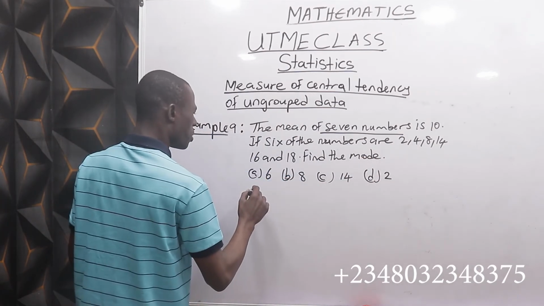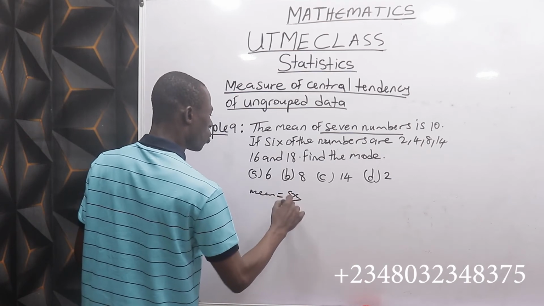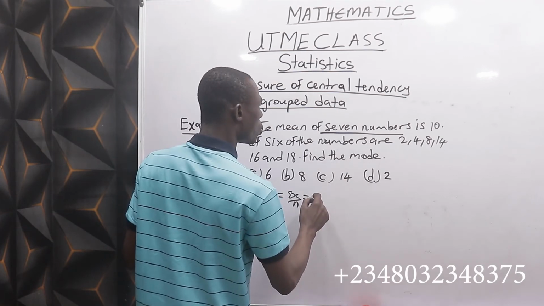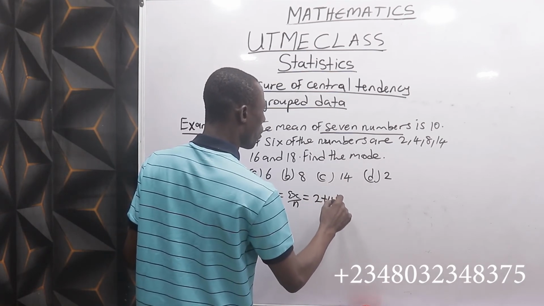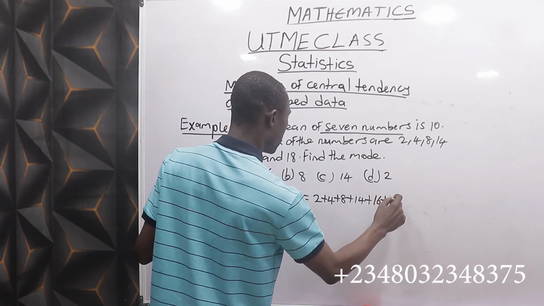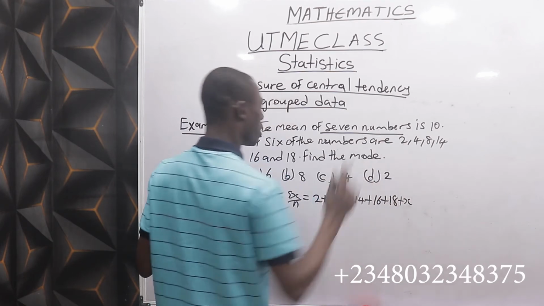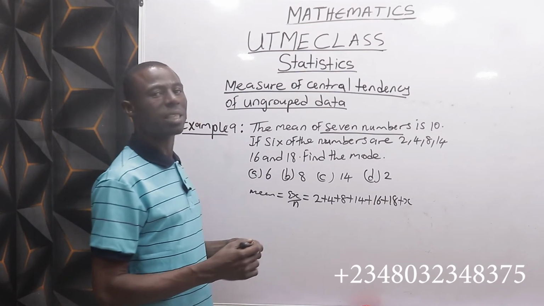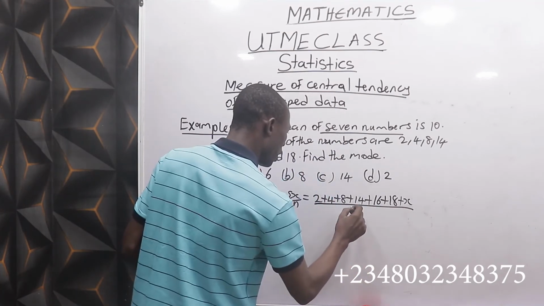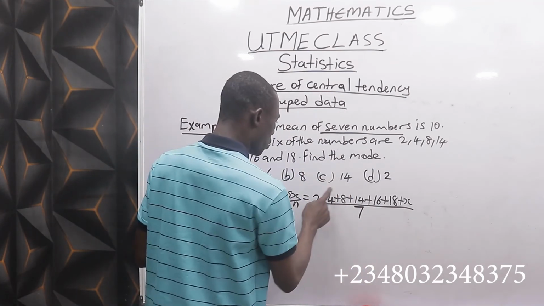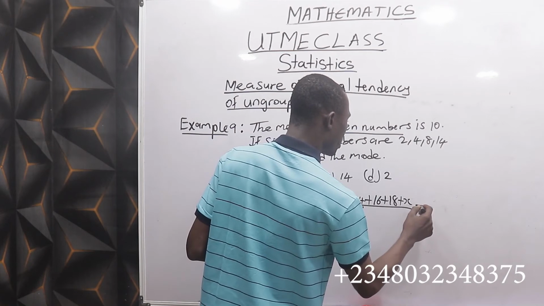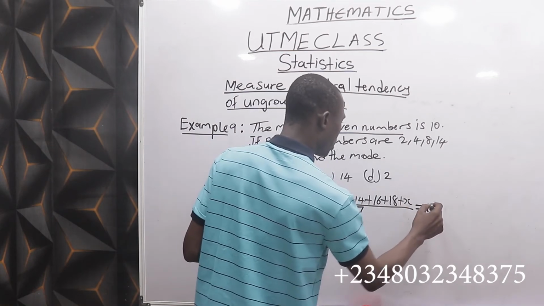So the mean is summation x over n, where summation x is 2 plus 4 plus 8 plus 14 plus 16 plus 18 plus x, the unknown. We don't know the 7th one, so we use something to represent it. Divided by 7, 1, 2, 3, 4, 5, 6, 7 with the unknown. And the mean is given already to be 10.